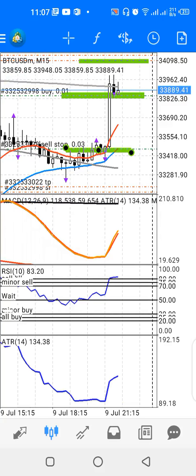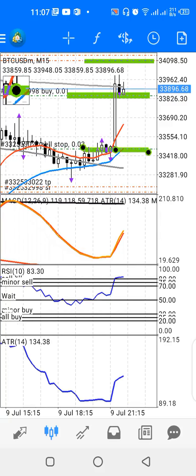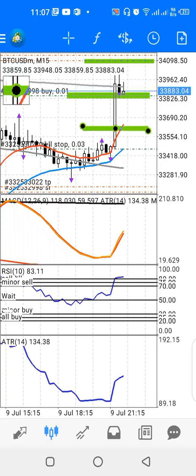Now my sell stop order is around here. I'm expecting price to go up, but if it reverses and triggers my sell stop order, I'll have two running trades. The first trade is my buy trade, the second trade will be my sell trade.